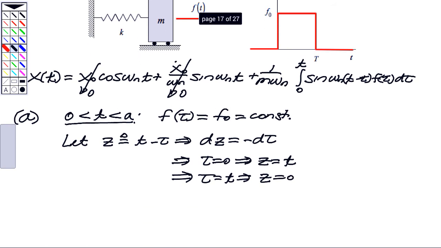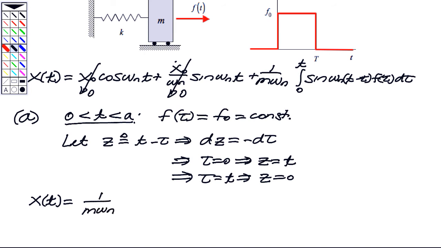So from this we see that our convolution integral term is going to be equal to 1 over m omega n. There's going to be a negative sign in front from here. The integration goes from z equal to t up to z equal to 0 of sine omega n z, and then again the forcing f naught comes out on the outside because it's a constant, dz.